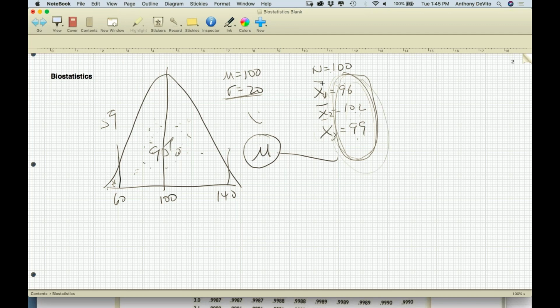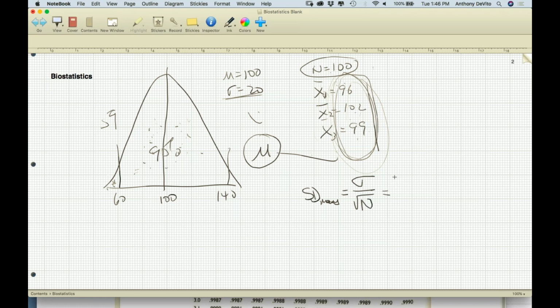As we discovered last class, there's a relationship between the sample size and the distribution of these sample means: the standard deviation of the sample means is equal to the standard deviation of the population, sigma, over the square root of the sample size.